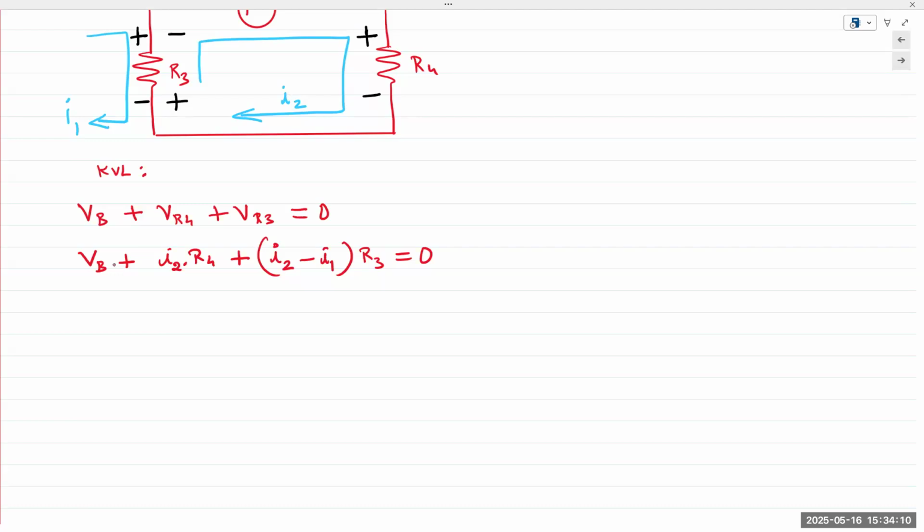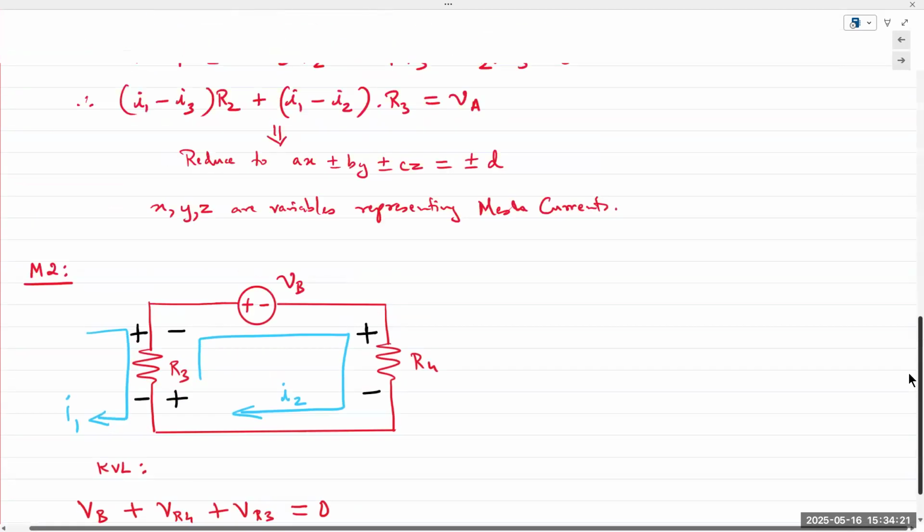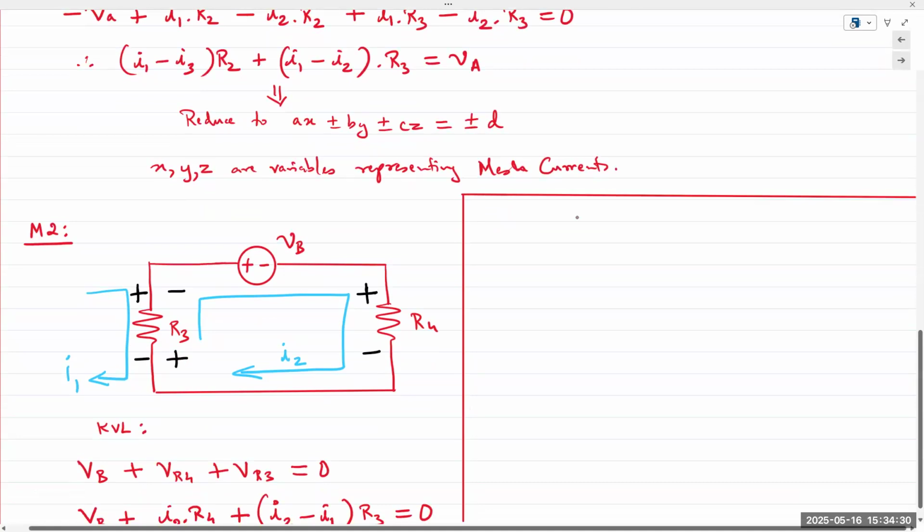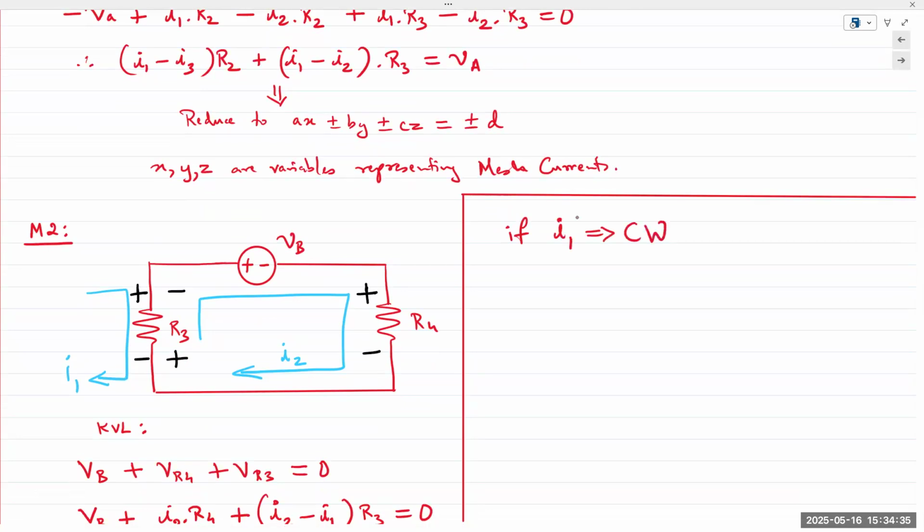Now, going back to David's earlier question, if the current direction was chosen, let's say I1 was clockwise and I2 was counterclockwise, then let me write it down. If I1 is clockwise and I2 is counterclockwise, then in mesh 1, VR3 would be equal to, any guesses?